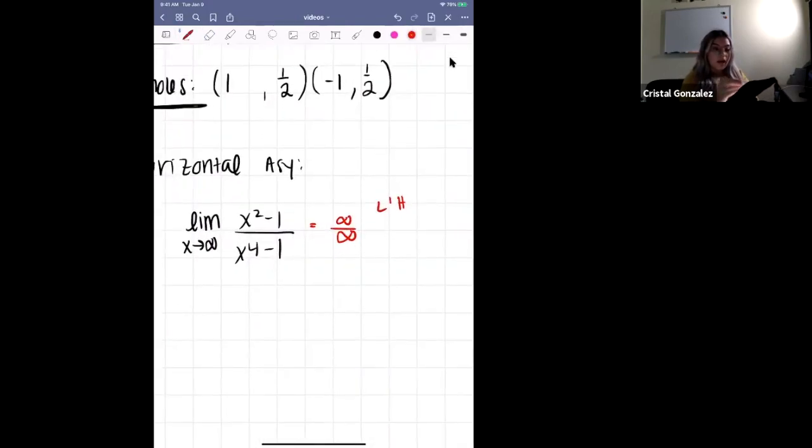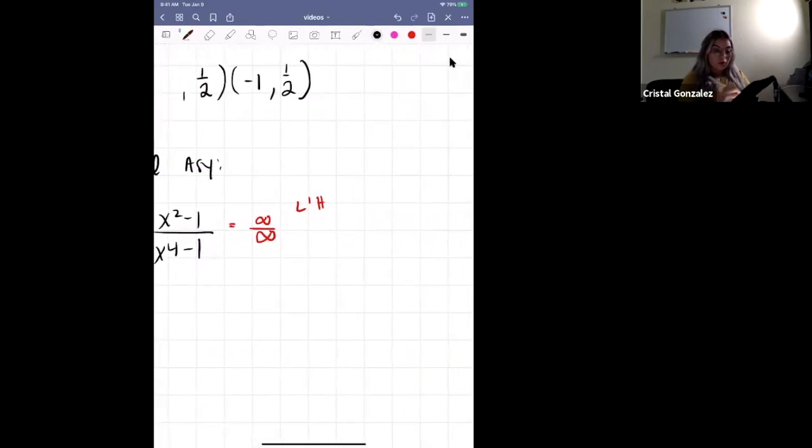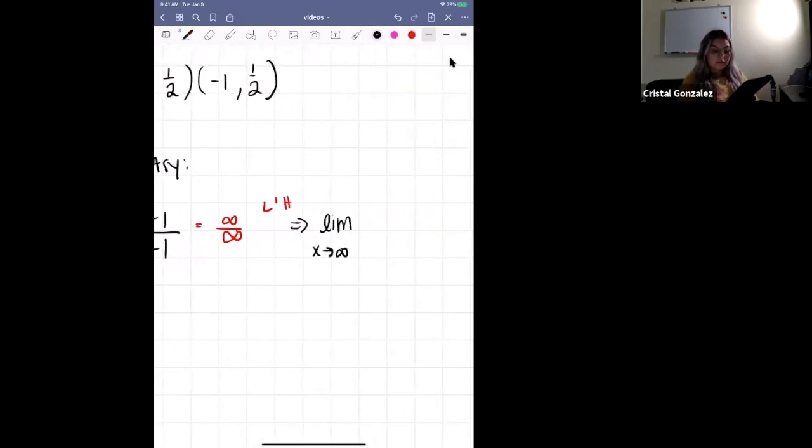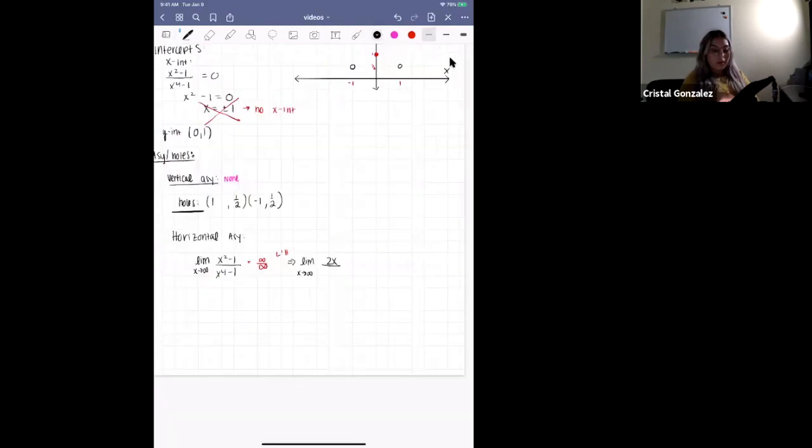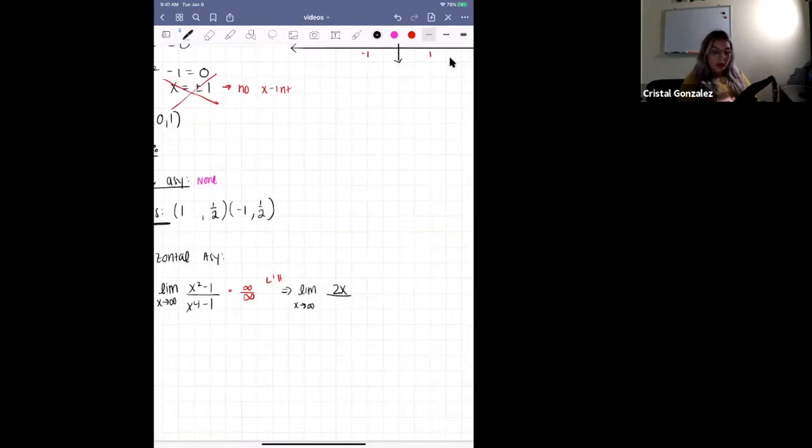And then if we apply L'Hopital's rule, we'll get the limit as x approaches infinity, and we take the derivative of the top and the derivative of the bottom. The derivative of the top is just 2x, and the derivative of the bottom is just 4x cubed. We plug in infinity again, and we get infinity over infinity. Oh, that means we can do L'Hopital's rule one more time.